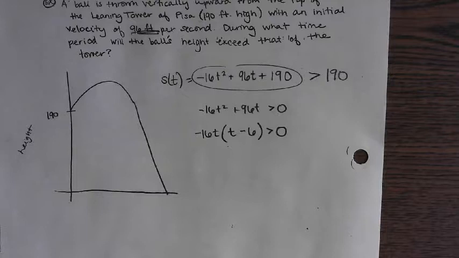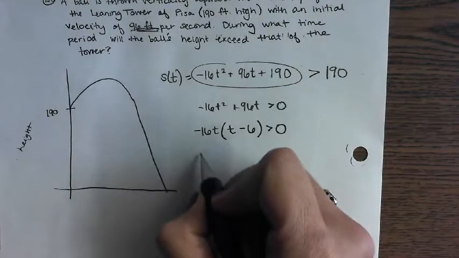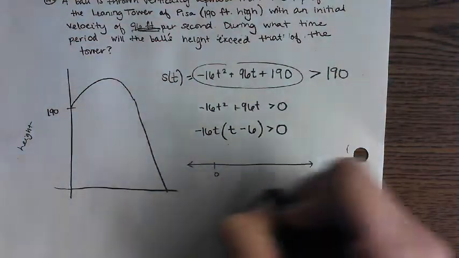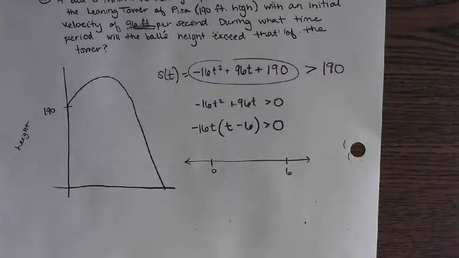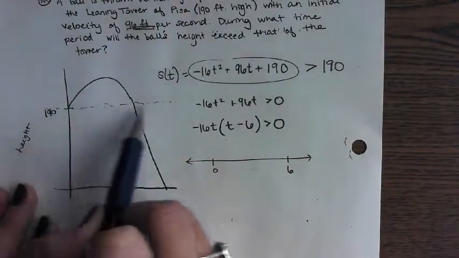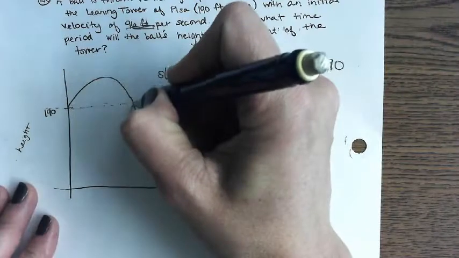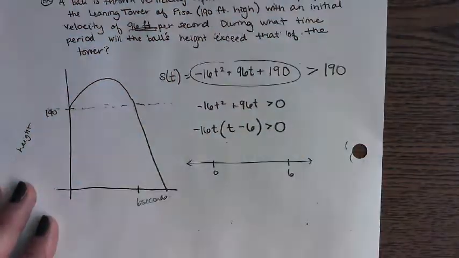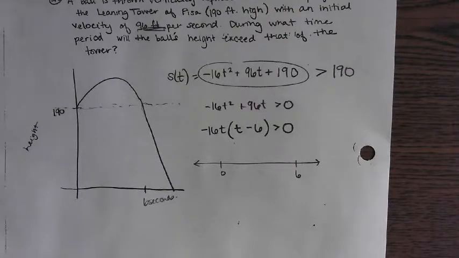And then we have critical values at 0 and at 6. Which should make sense. Because look at your 190 line. We didn't know it was going to be 6, but this is happening after 6 seconds.